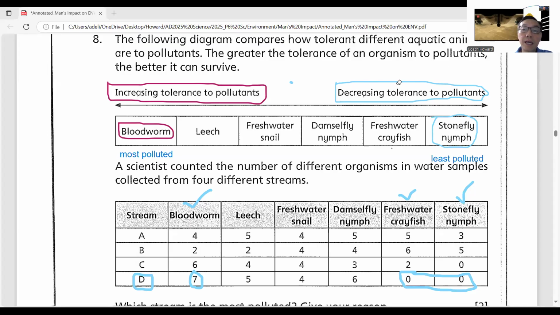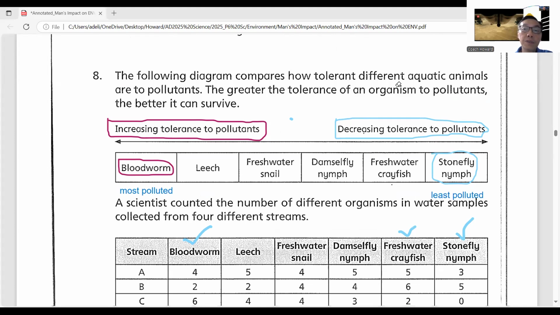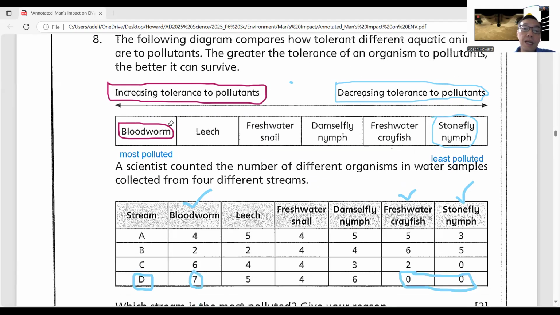Okay, let us analyze this question, which is a higher order thinking skill. This diagram compares how tolerant different aquatic animals are to pollutants. That means they have 1, 2, 3, 4, 5, 6 different organisms, and we measure how tolerant they are to the amount of pollutants. You can see on the left side the arrow pointing to the left: increasing tolerance.